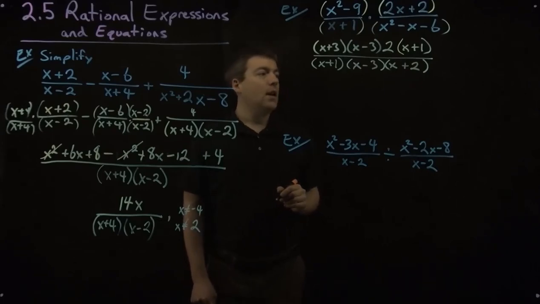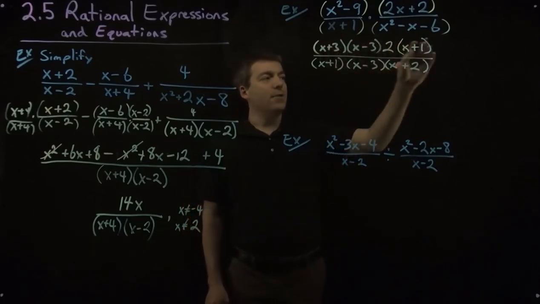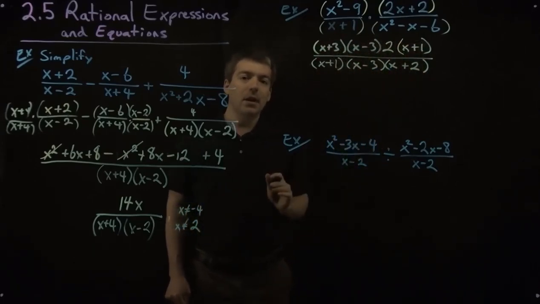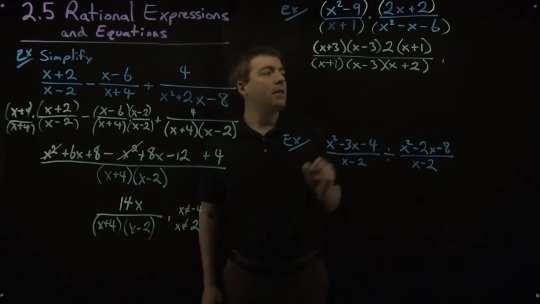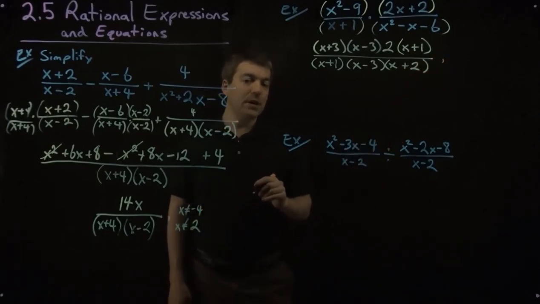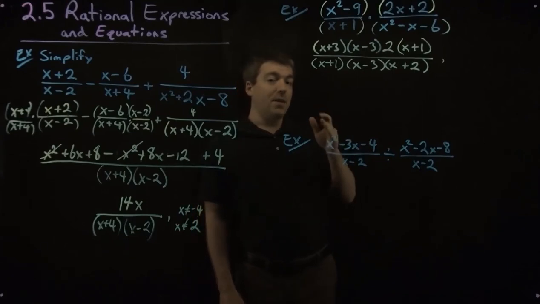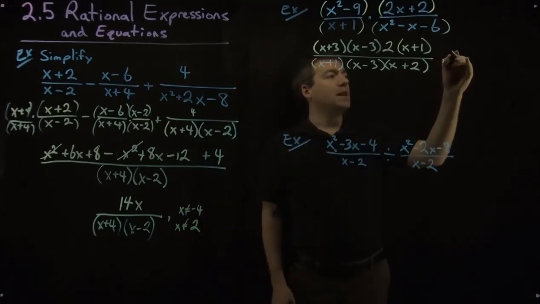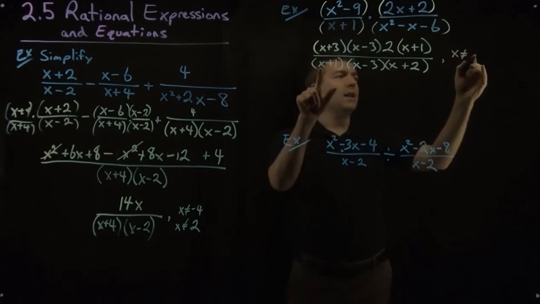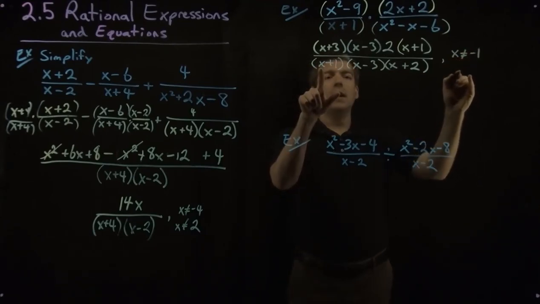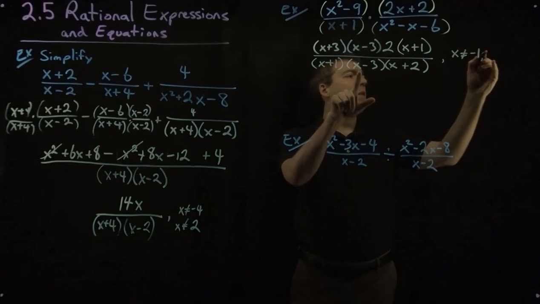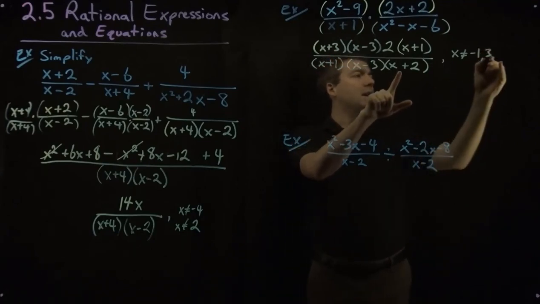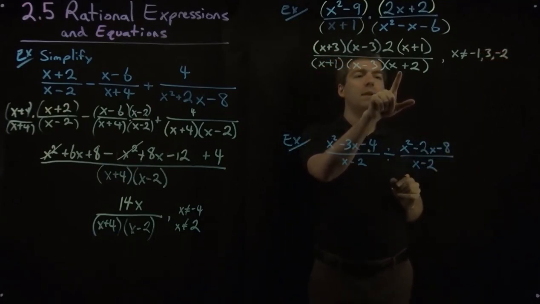Okay, so here we have a factored numerator and a factored denominator. Let's write down the values of x that must be restricted or excluded, then we'll cancel. So we have x cannot be negative 1, x cannot be 3, and x cannot be negative 2.